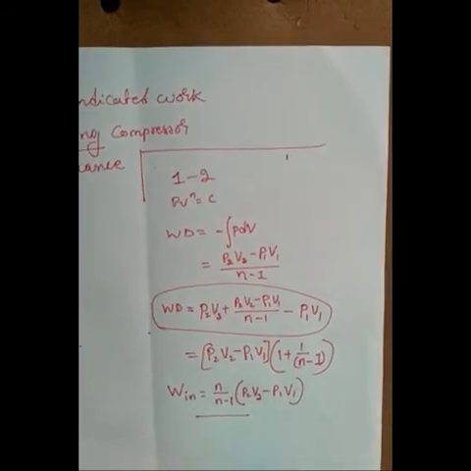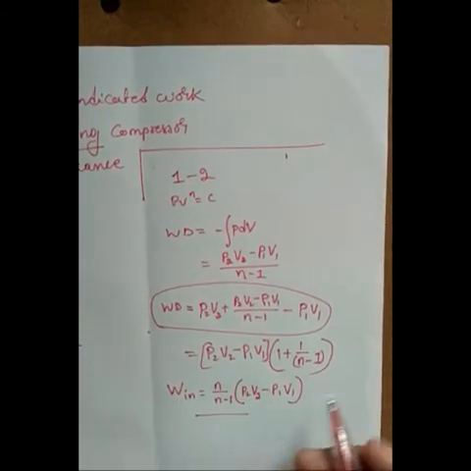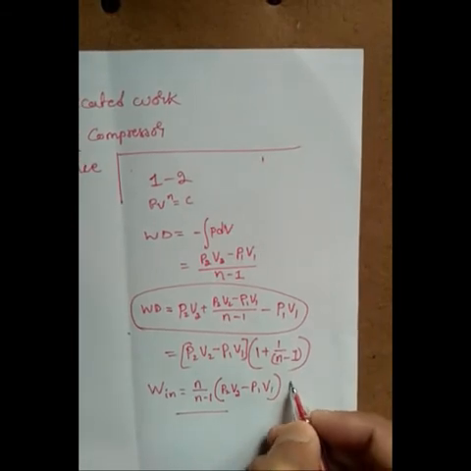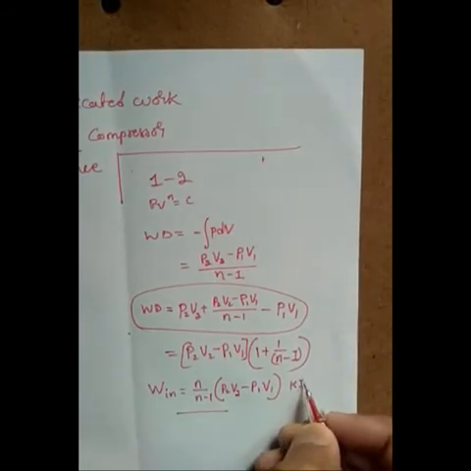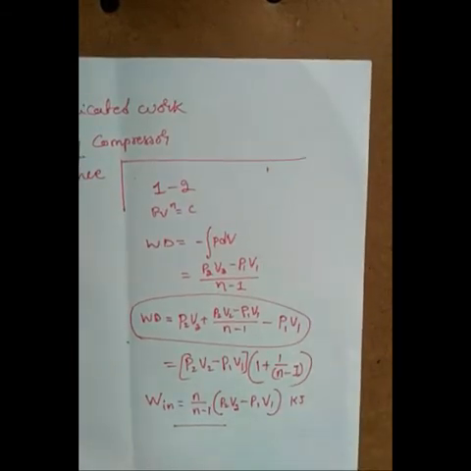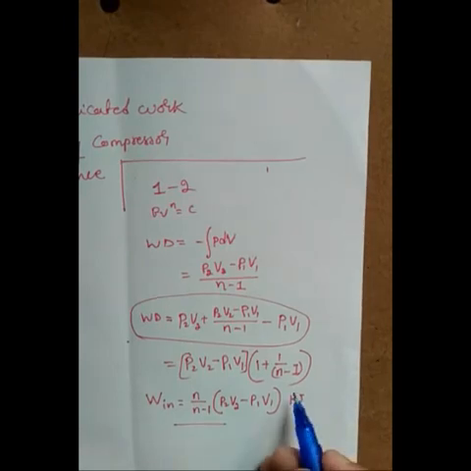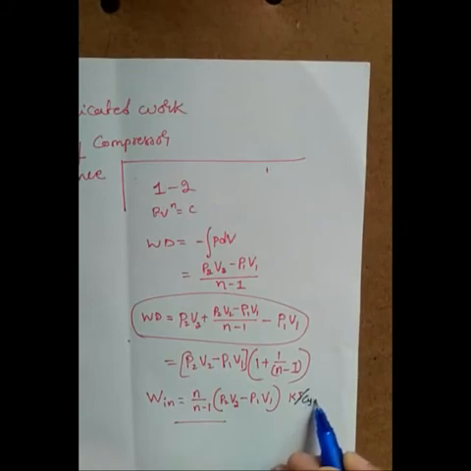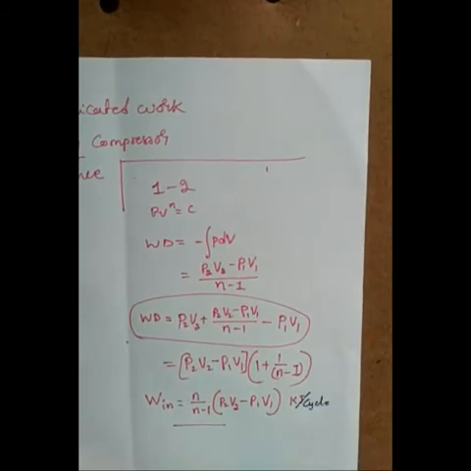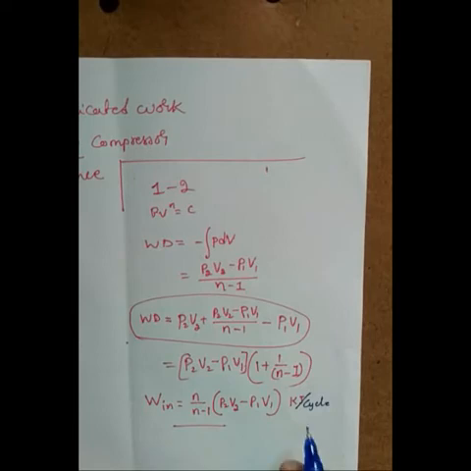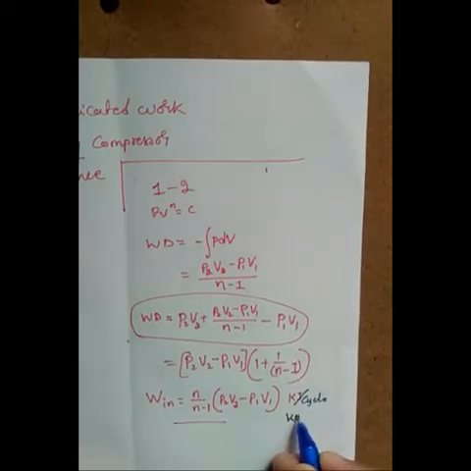In this equation, the work output we get will be in terms of kilojoules, but a very important thing we should know is this is per cycle. So the unit is kilojoule per cycle.